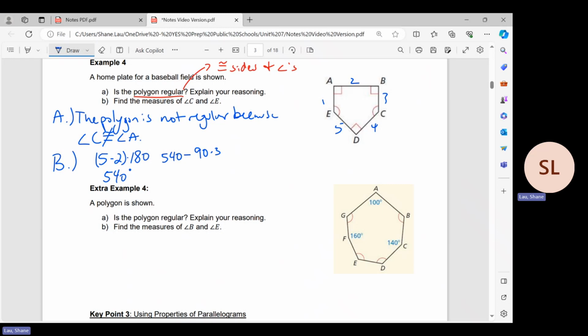When we do that, we get 270. Because I'm looking for 2 angles that have the exact same angle measure, just divide by 2, which equals 135. That means the measure of angle C equals the measure of angle E, which is equal to 135 degrees.